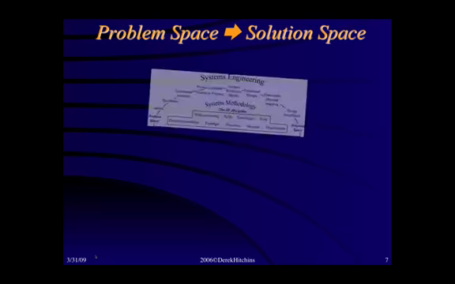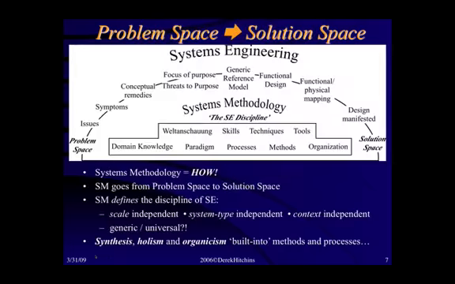Let's look at it from a diagrammatic point of view. In the diagram you can see a problem space at bottom left and a solution space at bottom right. And really what the systems methodology does is conduct the systems engineering enterprise from the problem space to the solution space.